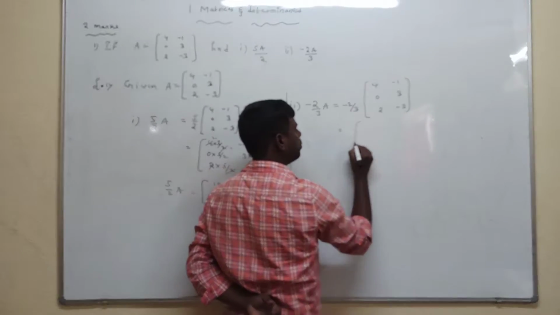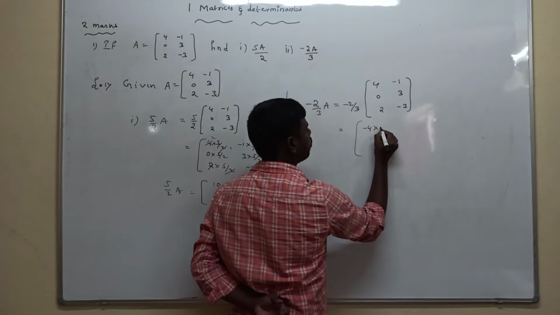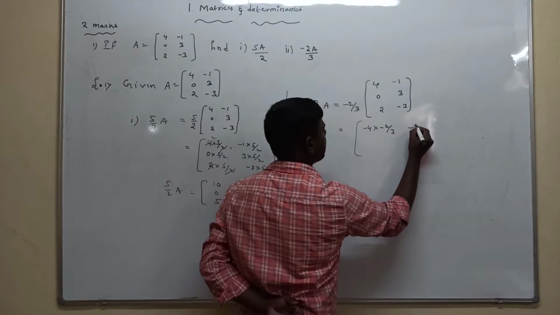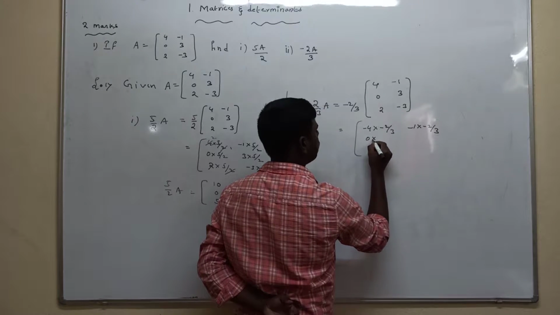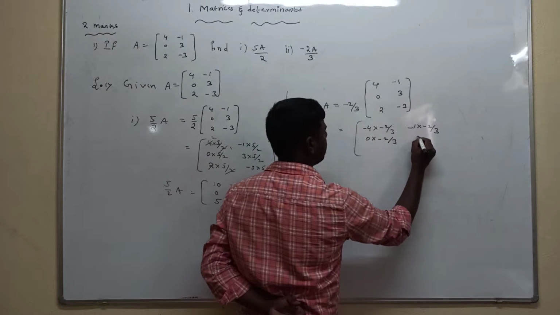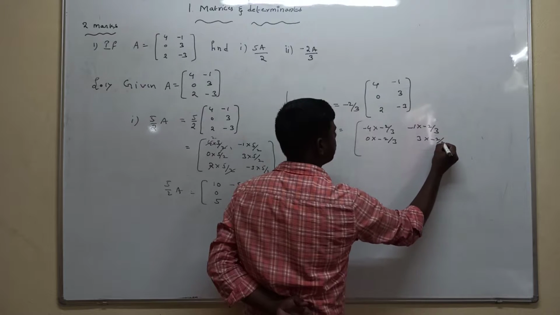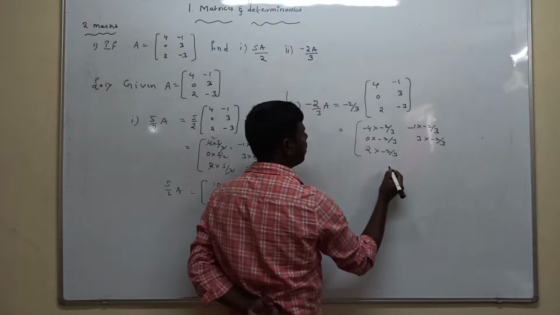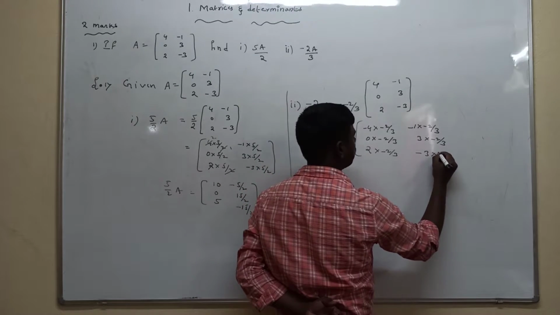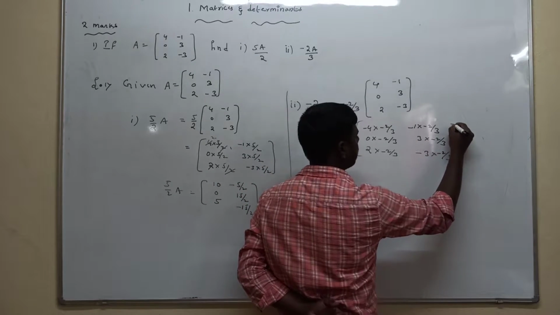That means 4 into minus 2 by 3, minus 1 into minus 2 by 3, 0 into minus 2 by 3, 3 into minus 2 by 3, 2 into minus 2 by 3, minus 3 into minus 2 by 3.